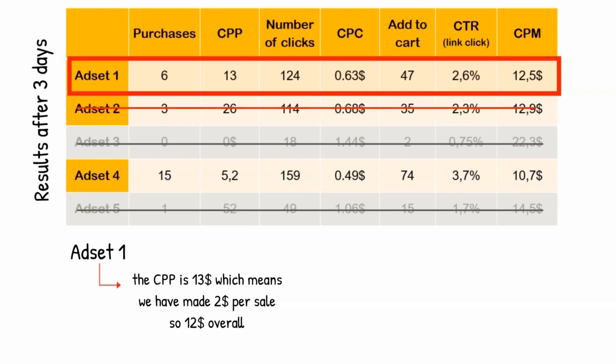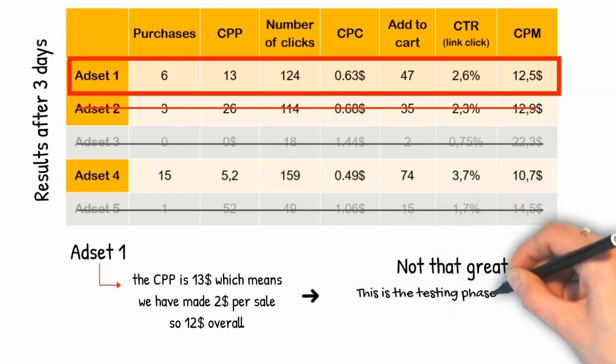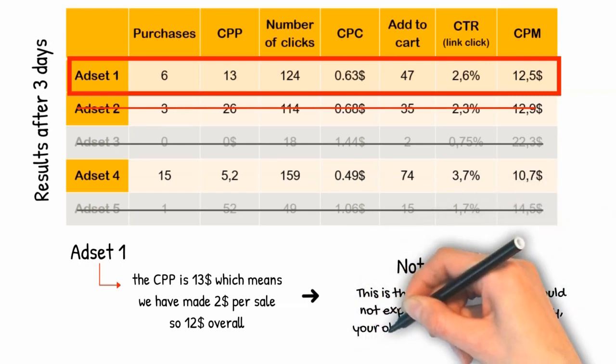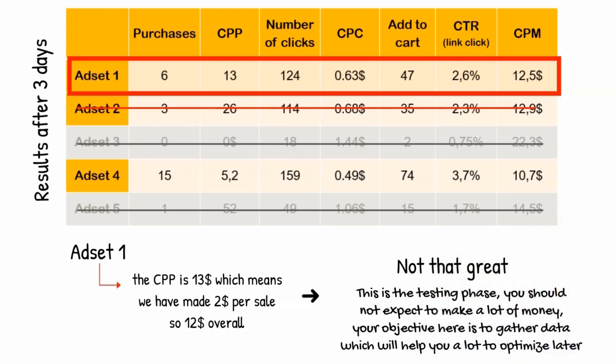So overall, $12. I know this is not that great, but always remember that it's only the testing phase. You should not expect to make a lot of money. Your objective here is to gather data which will help you later to optimize your ad set.